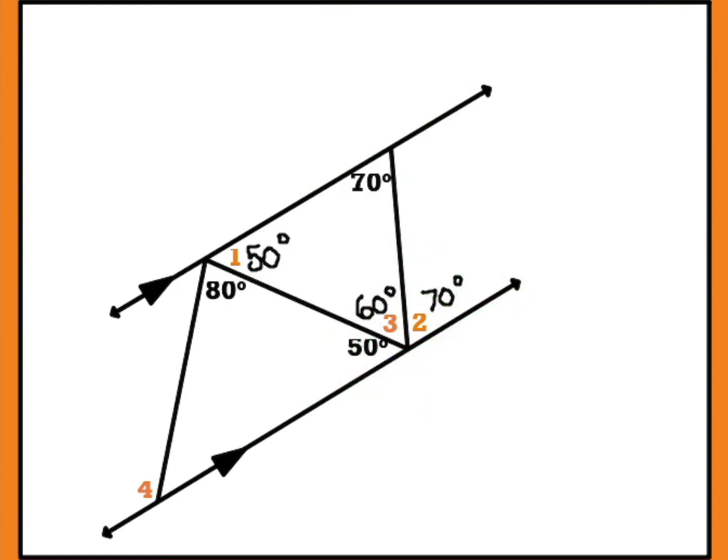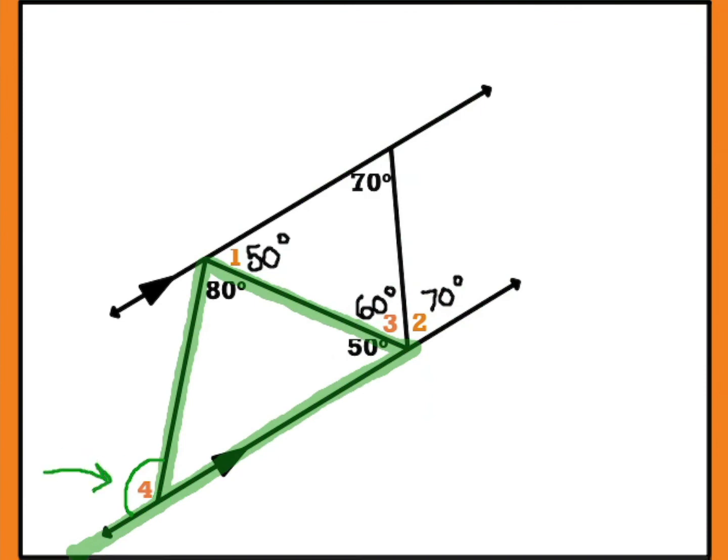Finally, let's try for angle 4 out here. I think we could use our parallel lines again, but just for funsies, do you see how angle 4 is actually an exterior angle to this triangle? Remember the old exterior angle theorem that we just learned? That exterior angle is going to equal the two interior angles added together.